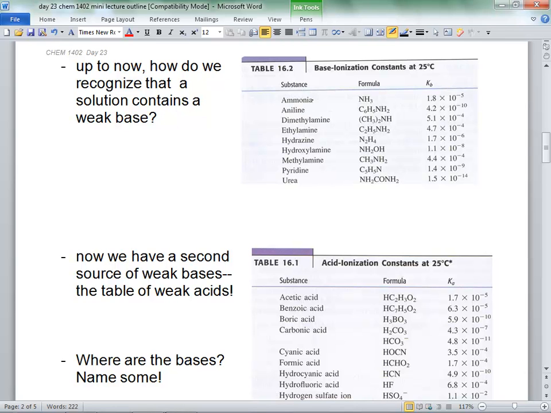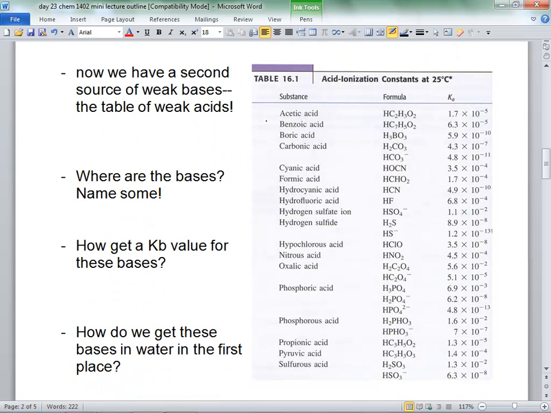Because they had to give us a Kb, otherwise we can't do it. It had to be in the chart. Exactly. But now they're saying, okay, no, there's a lot more. They're saying that there's a second source of weak bases, and they're in the table of weak acids.